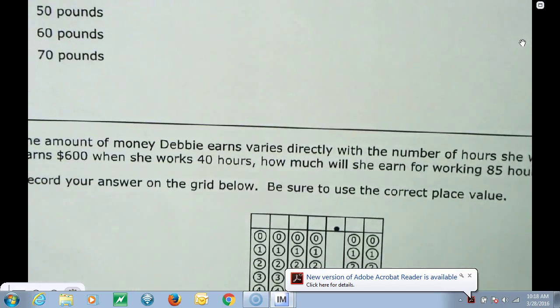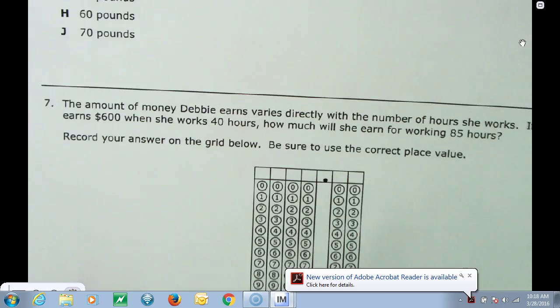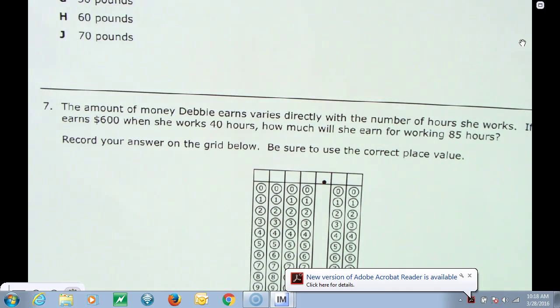Okay, let's do number 7. The amount of money that she earns varies directly with the number of hours she works. So y equals kx, and hours is your x. If she earns $600 when she works 40 hours, come on, start calculating.